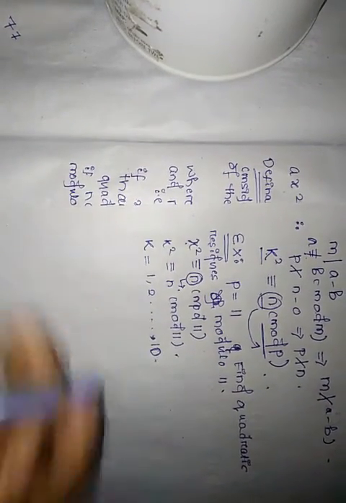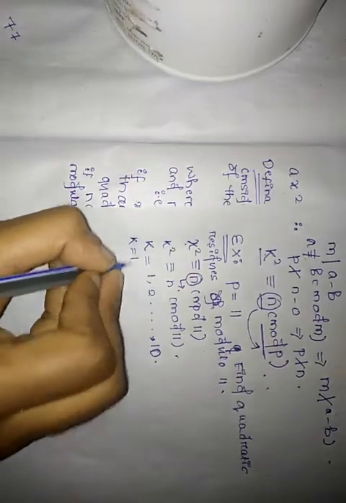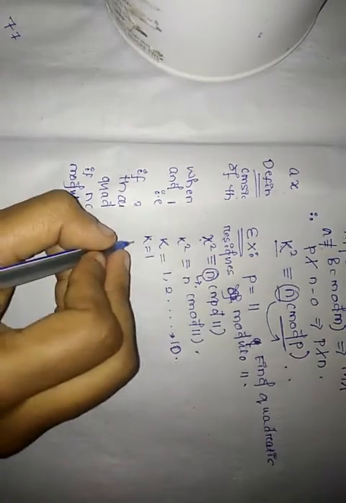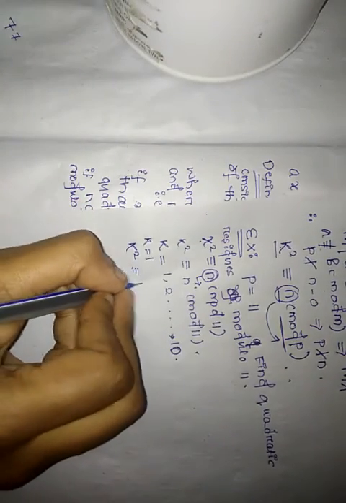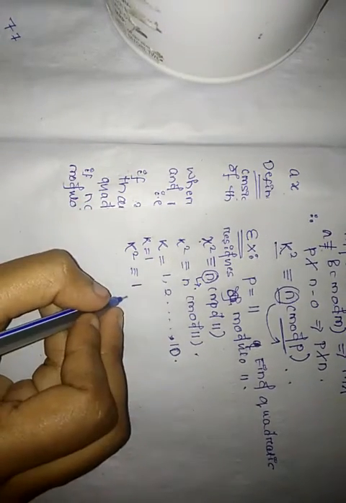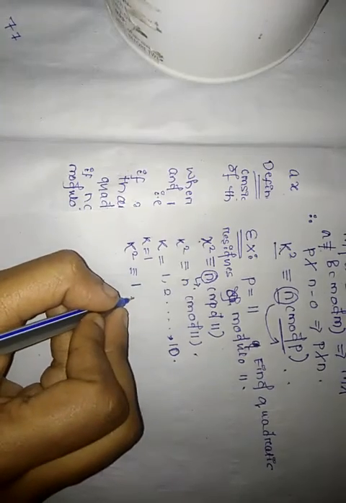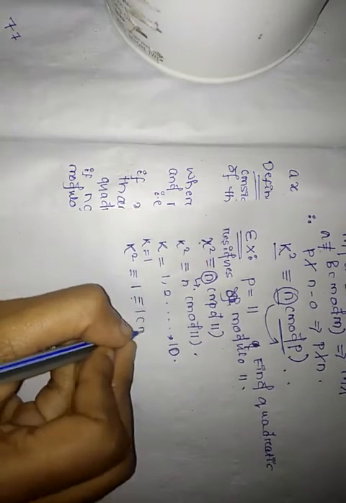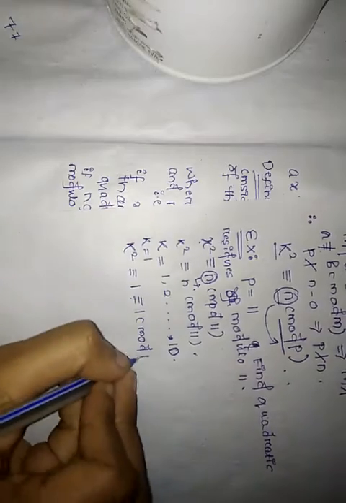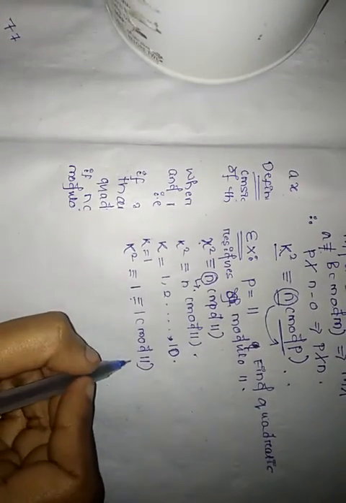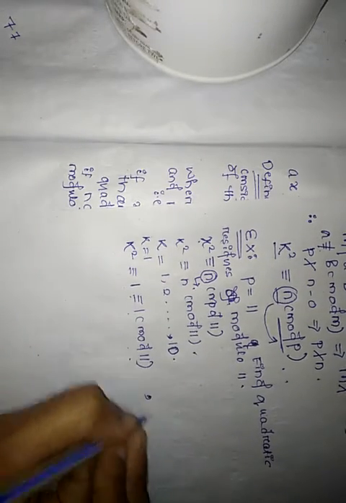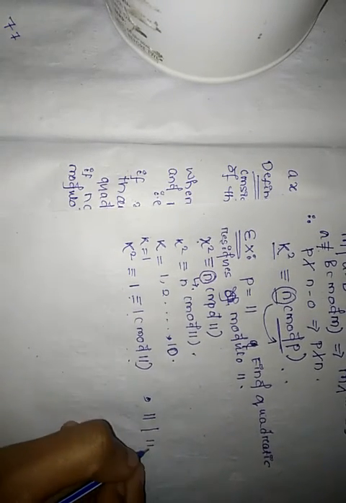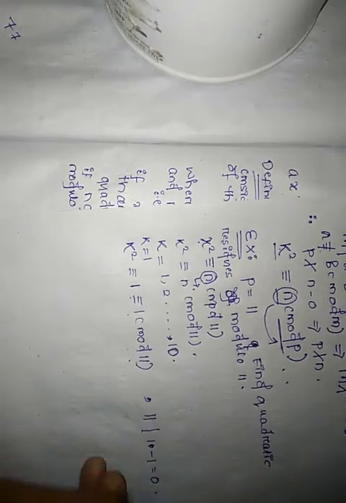First, we take k = 1. Then k² = 1, which is congruent to 1 modulo 11, because 1 − 1 = 0 is divisible by 11.